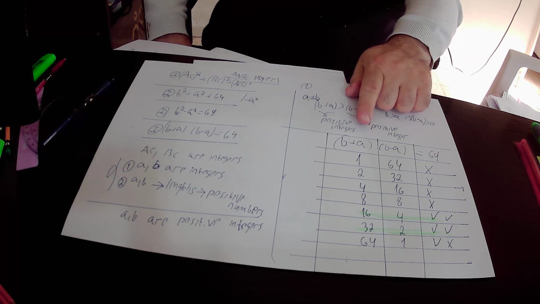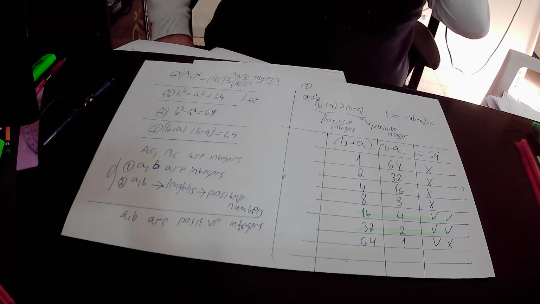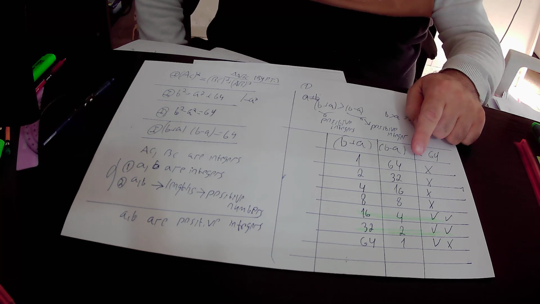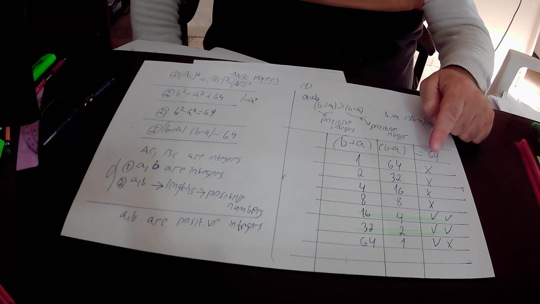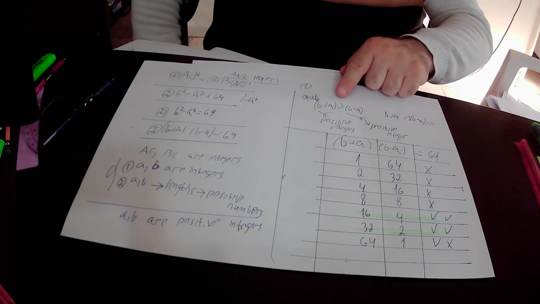So which numbers do we have here that are equal to B plus A that are greater than B minus A? Here 1 is smaller than 64, so it is not good, because B plus A must be greater than B minus A, according to what we have already found out.